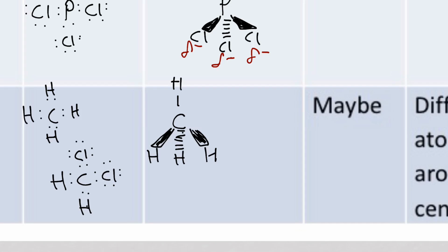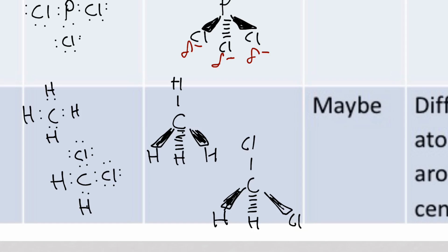And so it's again making the 4 corners of a pyramid with the carbon in the center. Again, say I have a chlorine here, and one chlorine on this side, one hydrogen going back, and one hydrogen coming towards us.